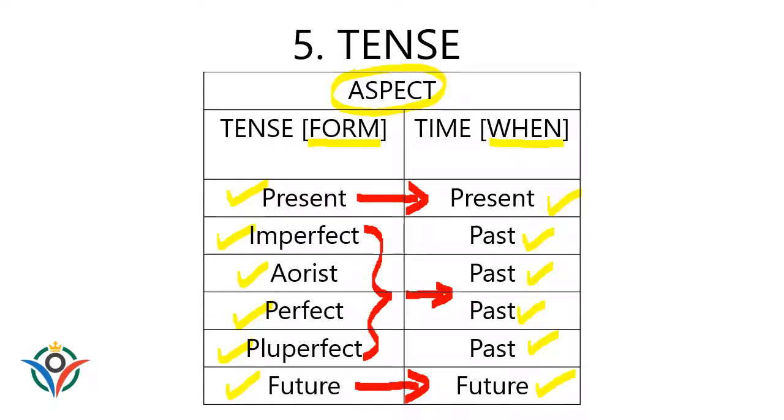And generally, we will have to ascertain the time from the context in which the verb is found. So with that said, let's go on now to speak about what aspect is and look at the types of examples that we have.